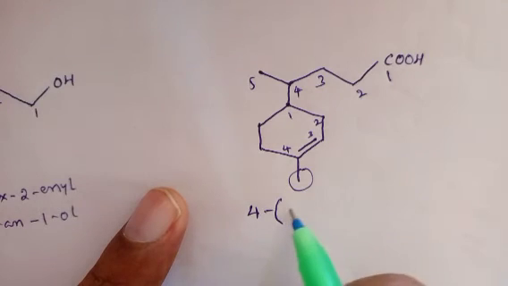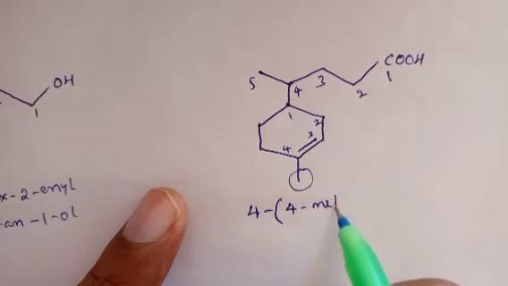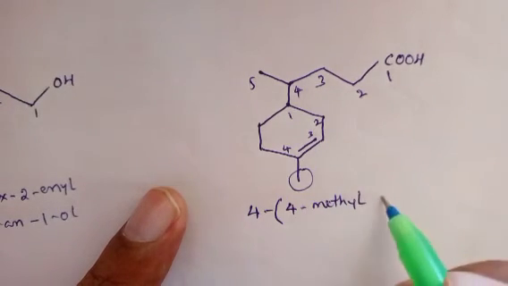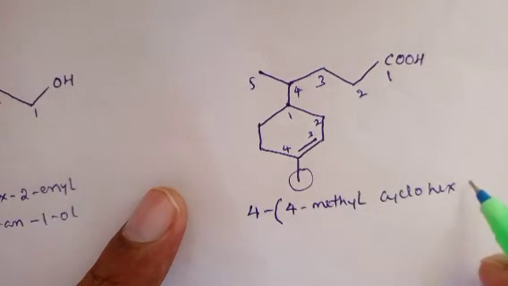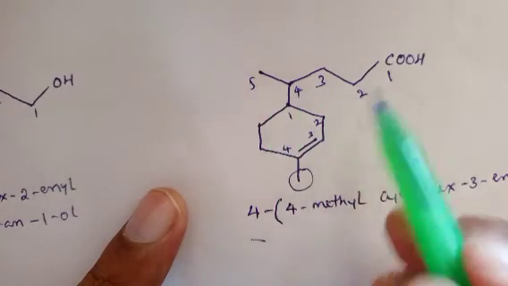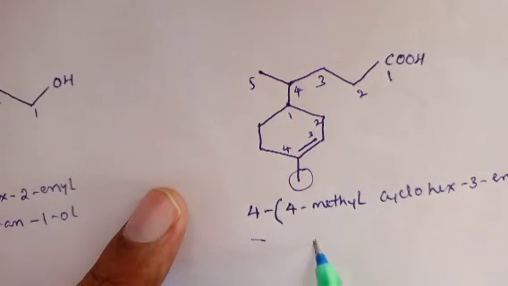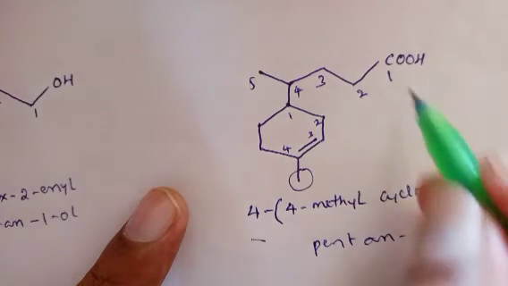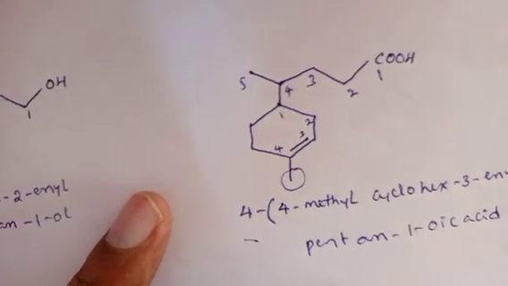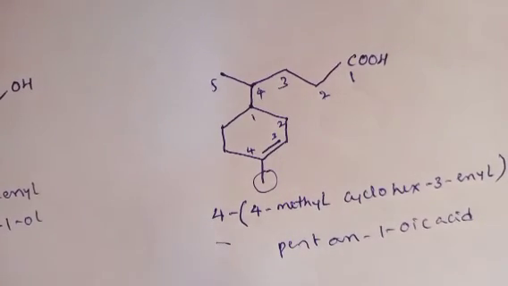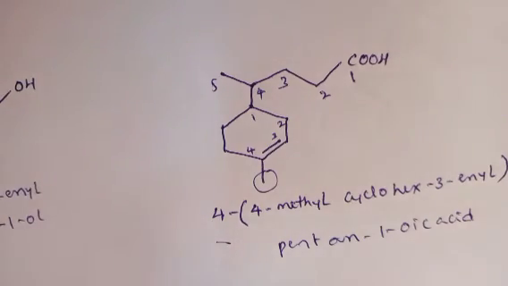So inside the bracket, 4-methylcyclohex, the third position, 3-enyl. Substitution part totally completed. And how many carbons in the alkyl part? 5 carbons are present. So pentane-1-oic acid or pentanoic acid. Both are correct. Pentanoic acid is also the correct answer.